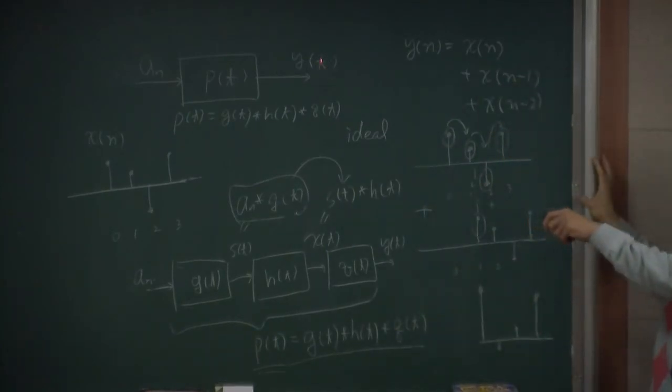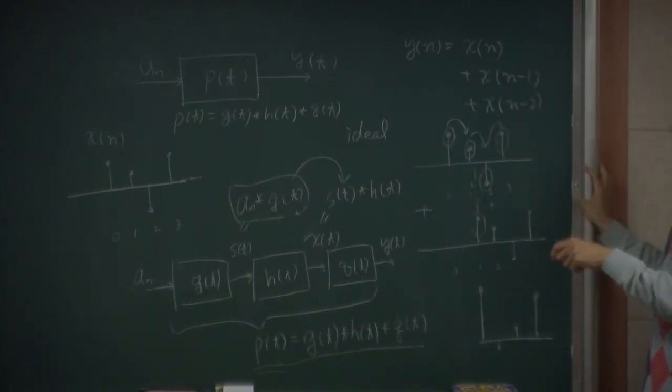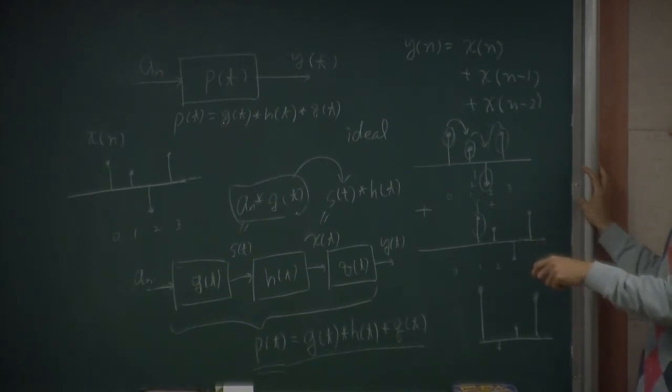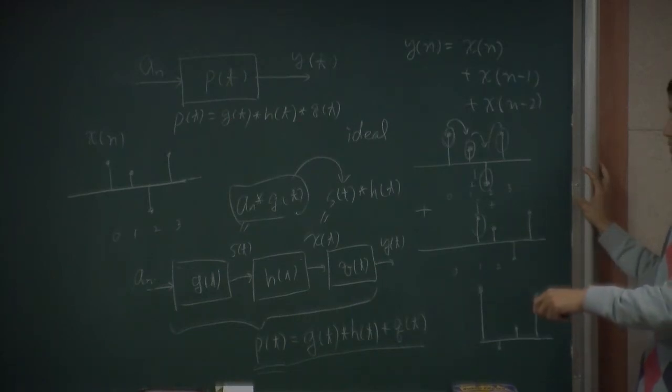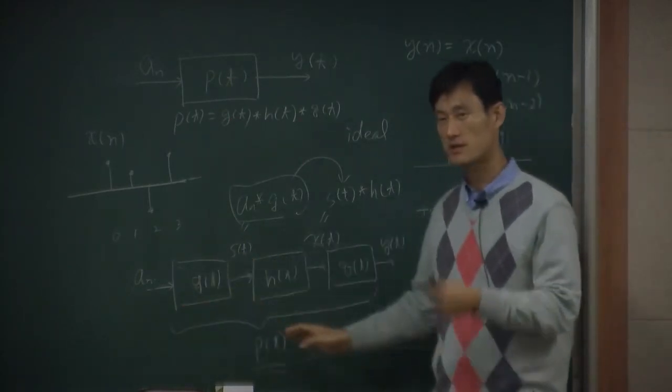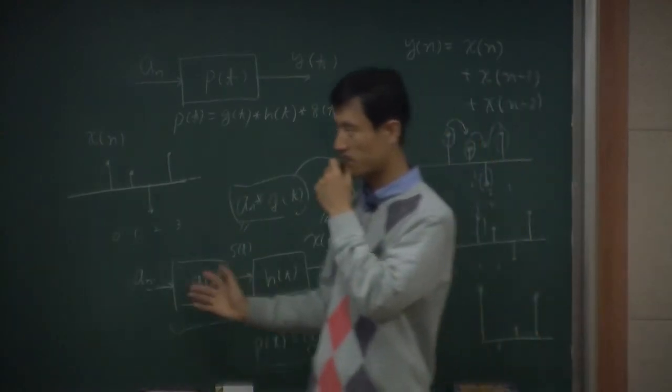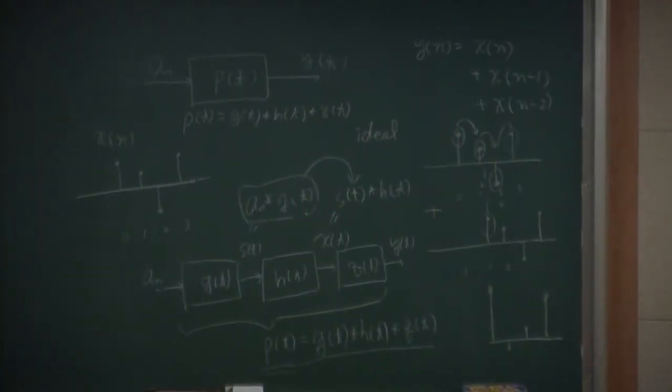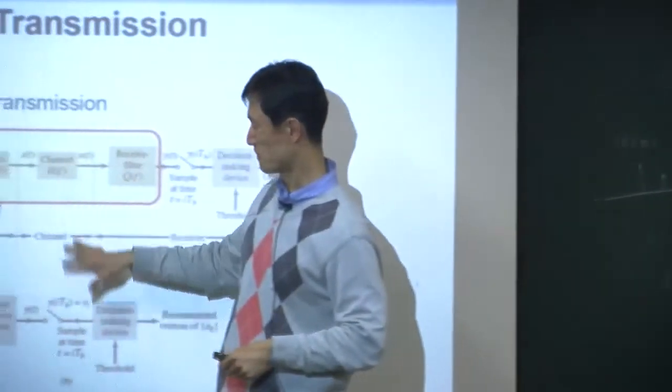So our output YT is PT convolved with AN, but PT actually is a convolution of GT, HT, QT, because the PT is a group of these three blocks, like this, right? Simple like this. That's how we change this whole thing into this one.